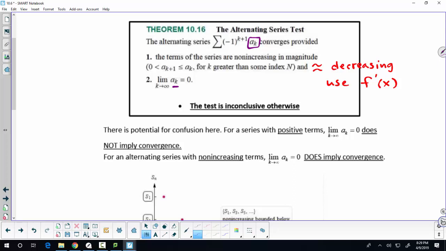So the potential for confusion is that for a series with positive terms, this limit equaling 0 doesn't imply convergence or divergence. That's the divergence test. For an alternating series with non-increasing terms, that does imply convergence. So here, non-increasing, that's condition 1. This is condition 2.